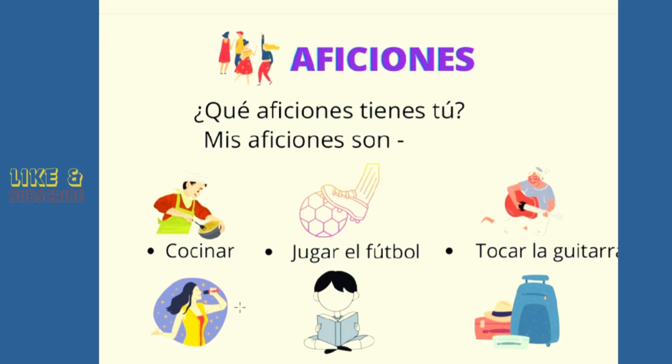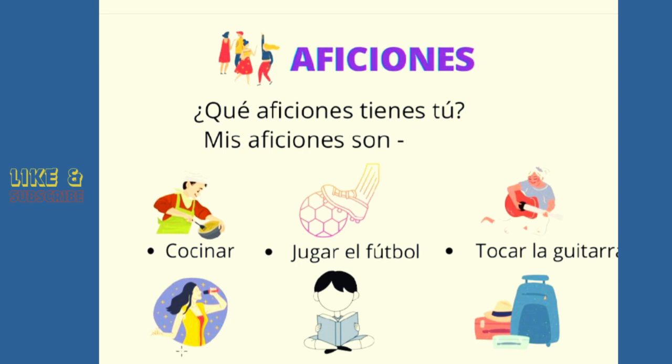Clear? So cocinar is a verb to cook. Jugar el football. Jugar is a verb to play the football. Tocar la guitarra. So remember always, for any instrument we have to use the verb tocar. Okay, tocar la guitarra, with any instrument.